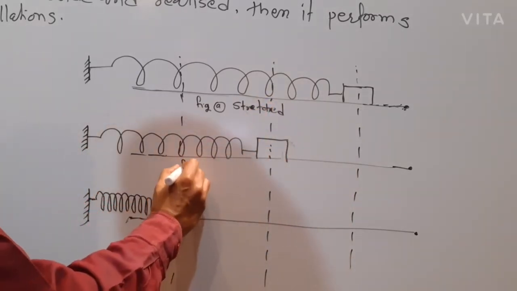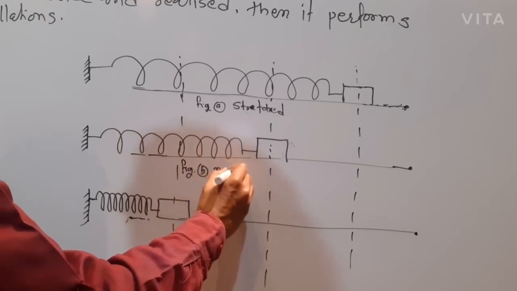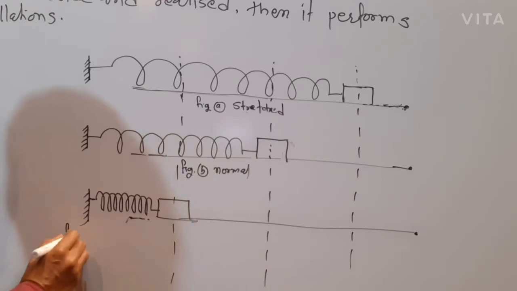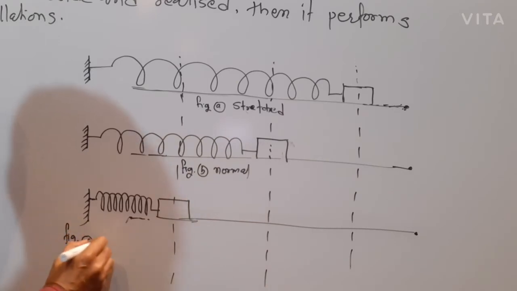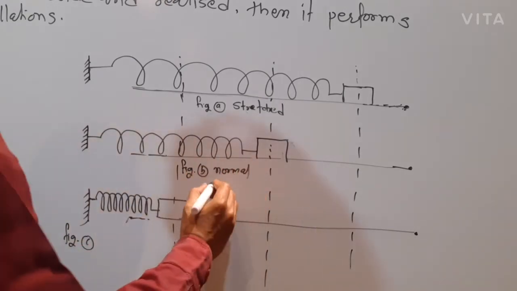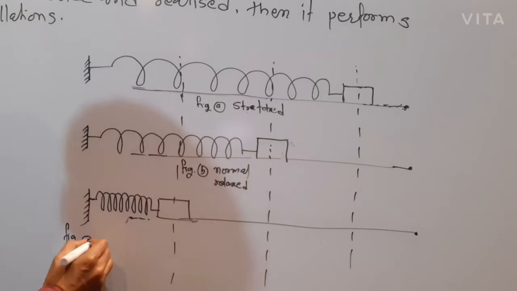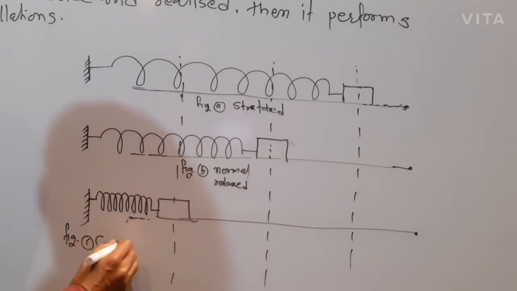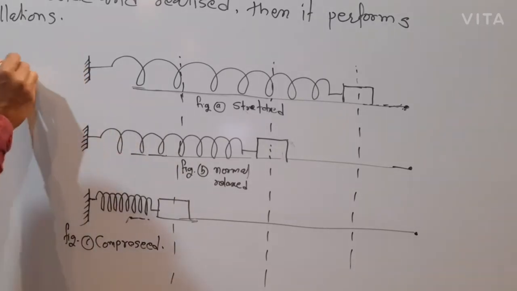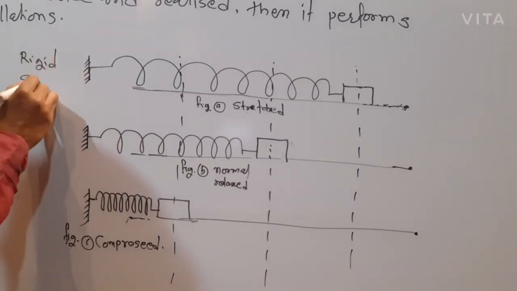This is figure B, it is a normal or relaxed spring, and this is figure C, which is a compressed spring. This is a rigid support.